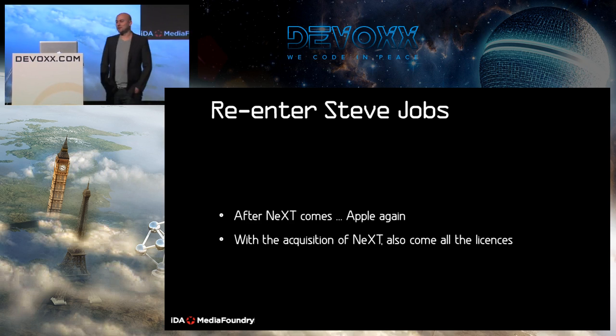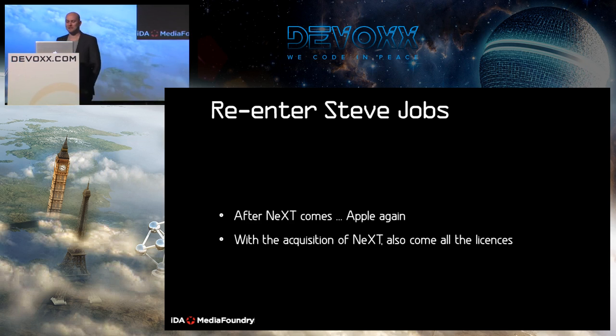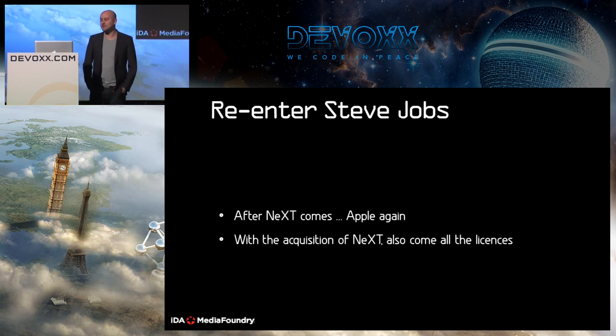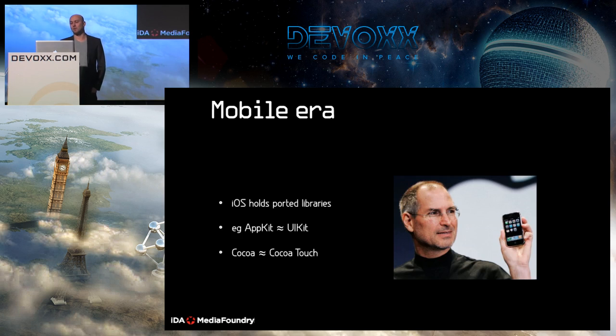After a few years, Steve Jobs re-enters Apple, and of course, when you buy Steve Jobs, you buy everything he bought as well. So the licenses for Objective-C and the Xerox technology came into Apple, so Steve Jobs could use this for Apple. In the mobile era, Steve Jobs was again a pioneer. I believe we can all say this.